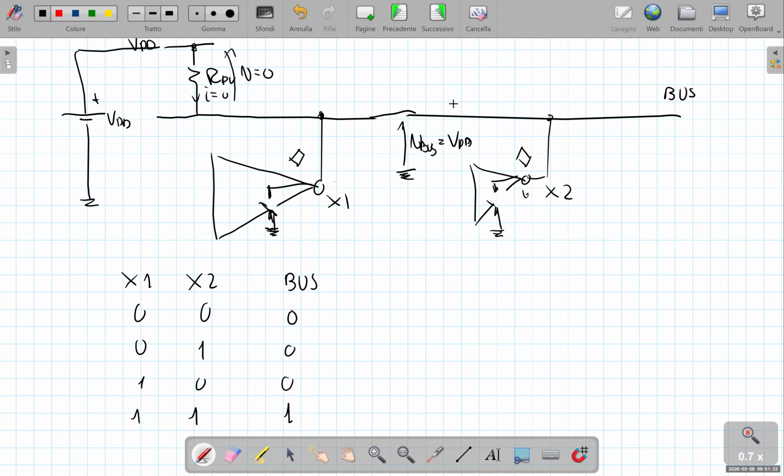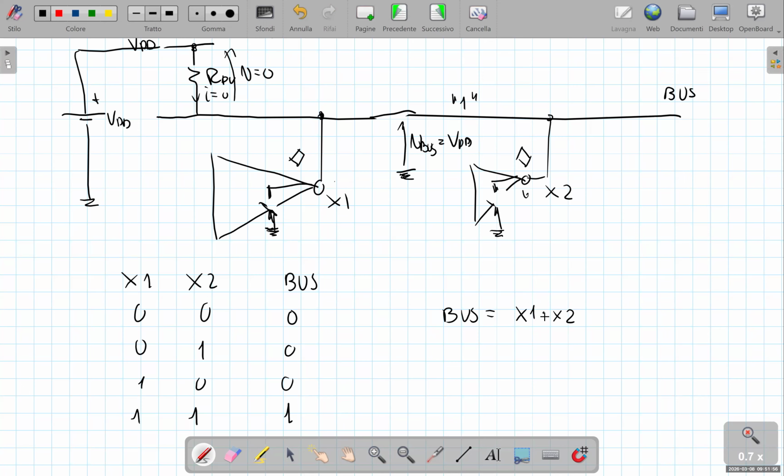So basically the state of the bus is given by the AND of X1 and X2.